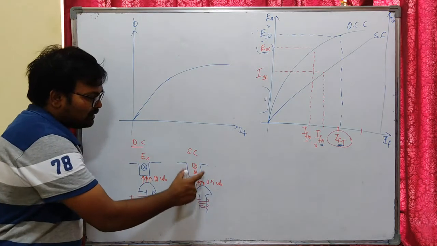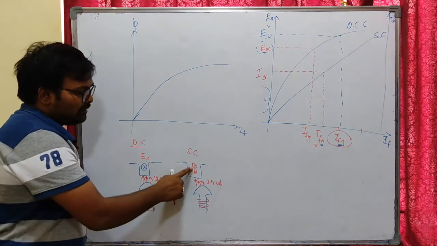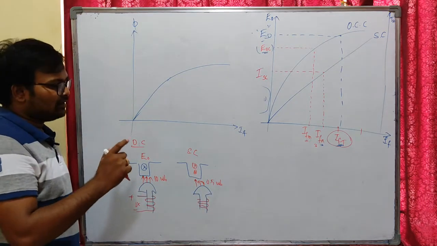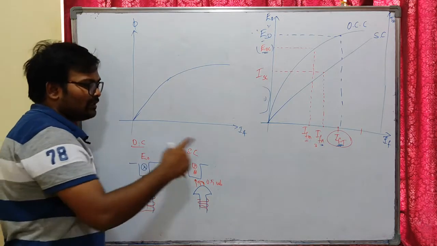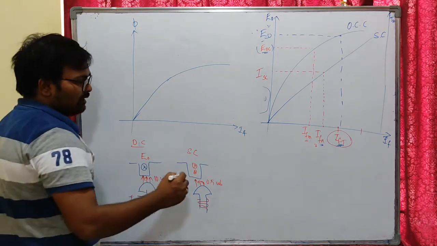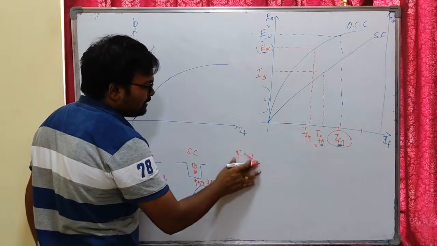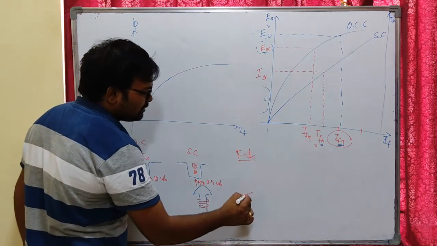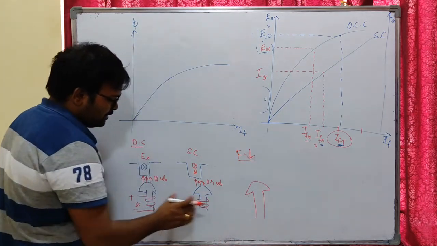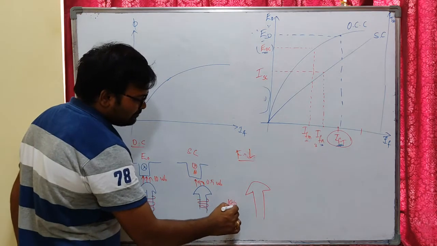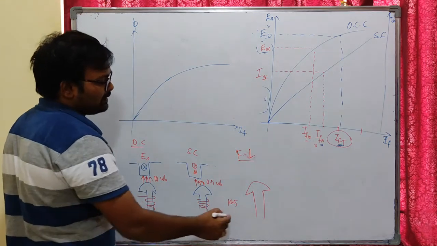Under short circuit condition, it is only to supply the impedance drop, the synchronous impedance drop, because the terminal voltage is 0. So under full load, under practical running condition, what will happen? The flux should be the sum of these two values, around 10.5, right. But practically it is around 15 amps.